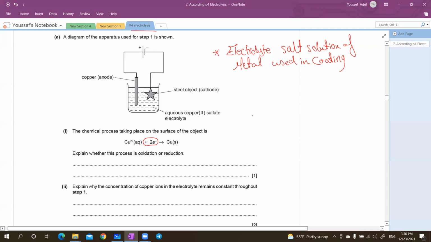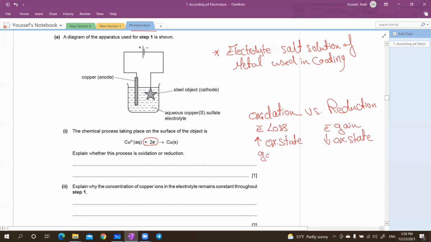Don't forget the three things about oxidation and reduction. Oxidation versus reduction. Oxidation is electron loss, but reduction is electron gain. Oxidation means increase in the oxidation state, and reduction means decrease in the oxidation state.